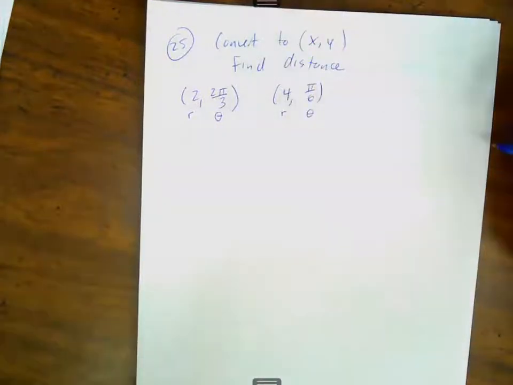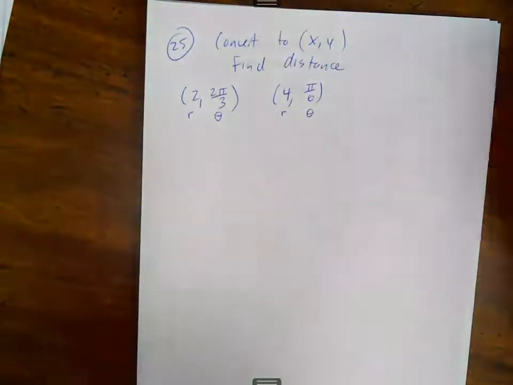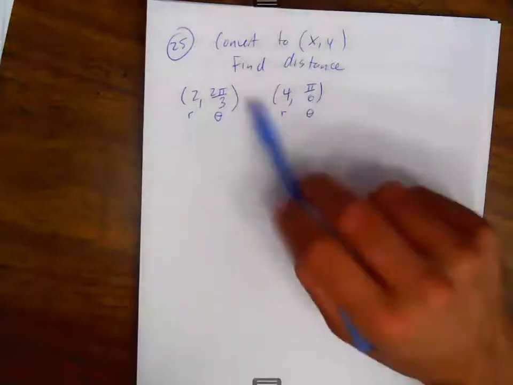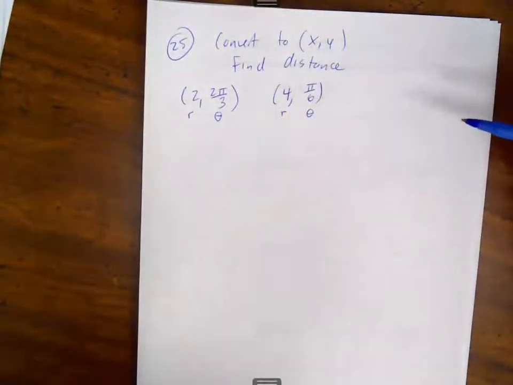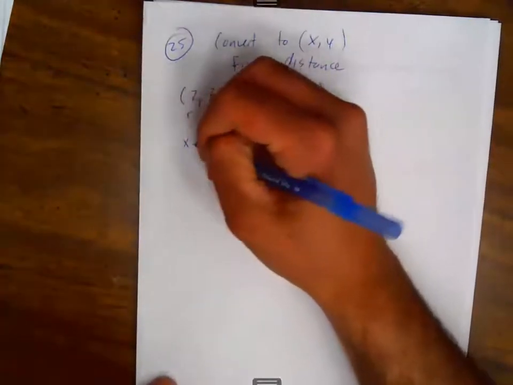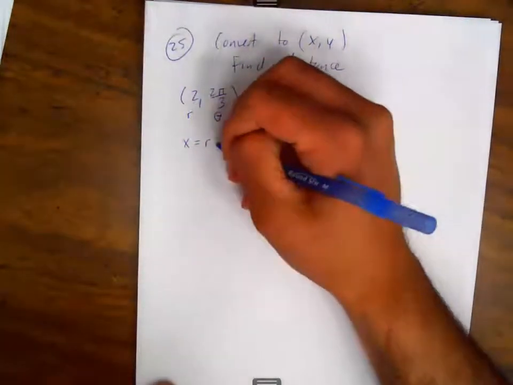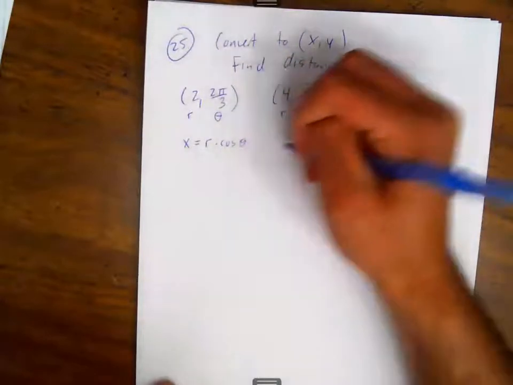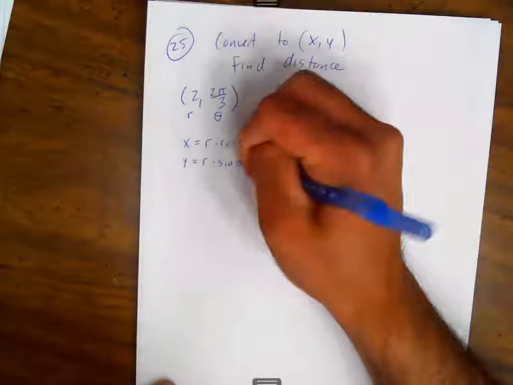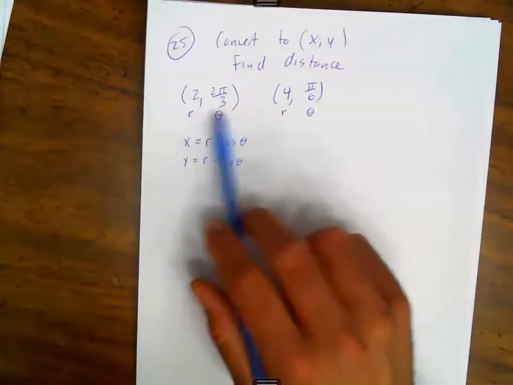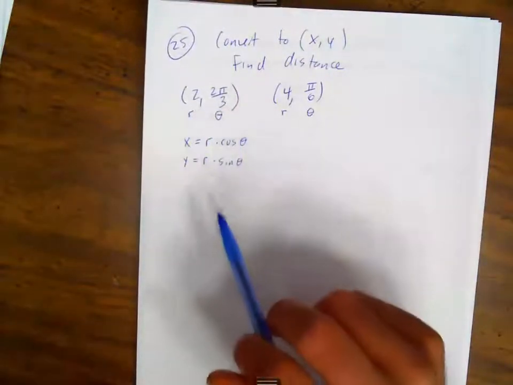We've talked about how to graph those points by rotating in the angle's direction and then moving r units away from the pole or the origin. We know that x is equal to r times the cosine of theta, and y is equal to r times the sine of theta. So to convert this point, we can use these definitions.